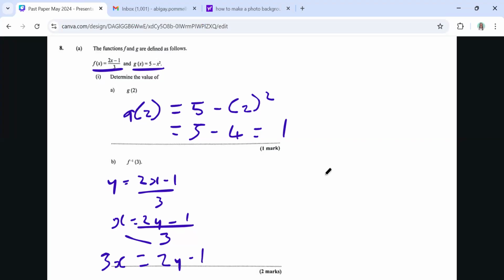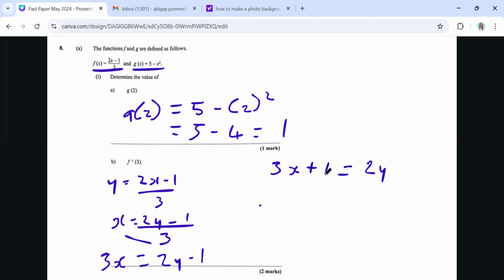And then over here I have 3x plus 1, because we changed the minus 1 to plus, equals 2y.